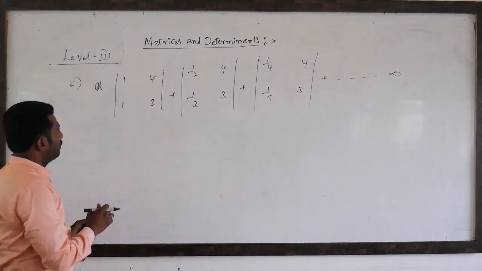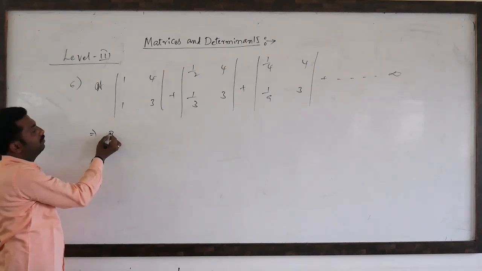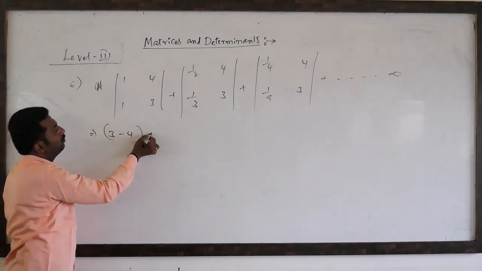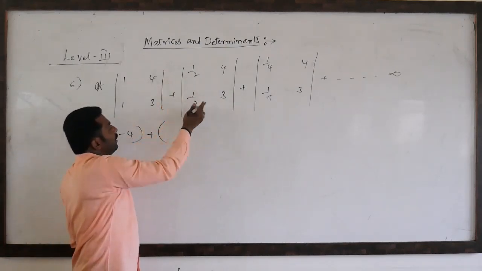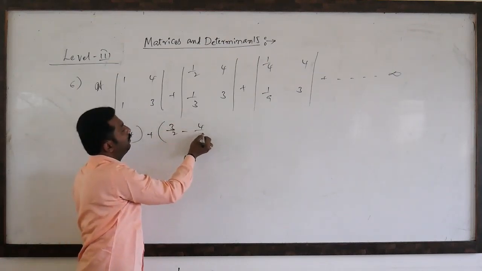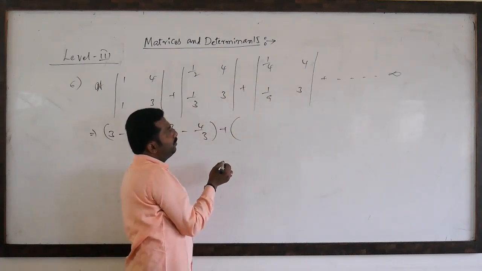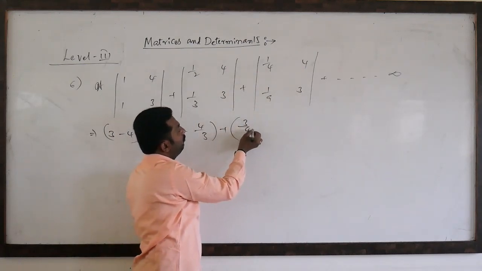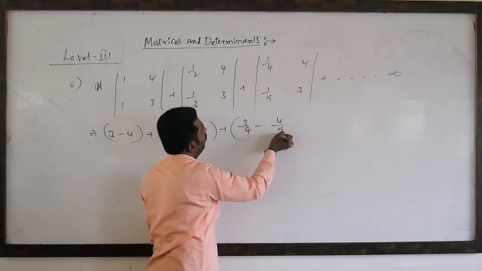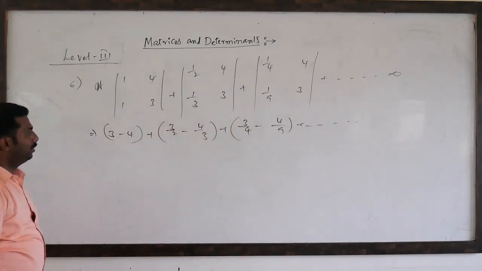Just we will expand these determinants. This is 3 minus 4, then 3 by 2 minus 4 by 3, then 3 by 4 minus 4 by 9, up to infinite terms.